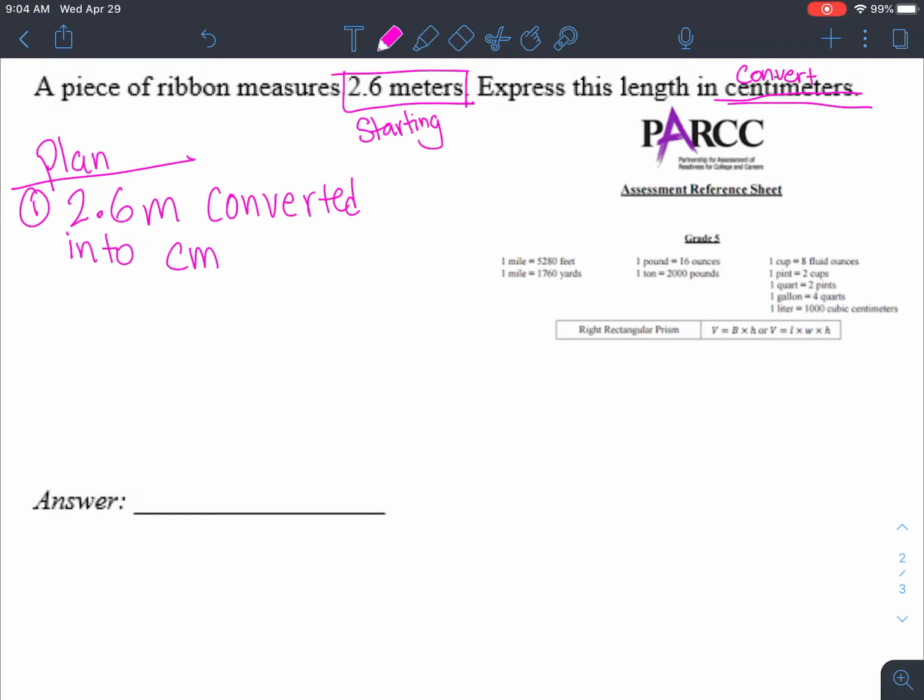My reference sheet only shows customary conversions. So remember, those are things we use only in the US. Metric conversions are used everywhere else.